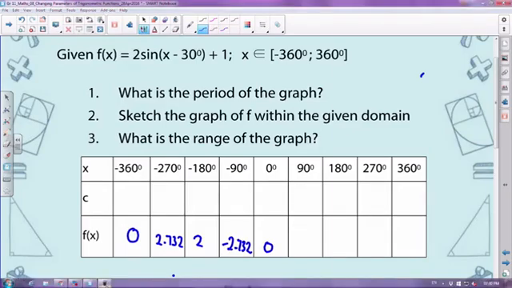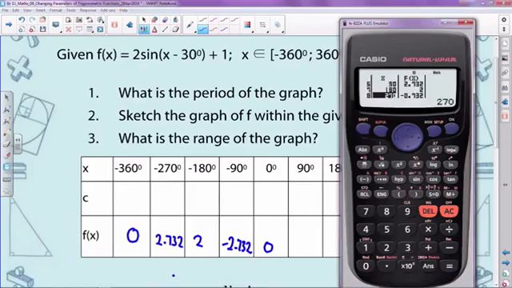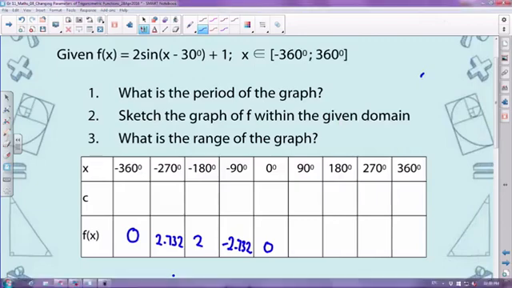Okay. And then at 90, 2.732 to negative 0.732 ish. Okay.